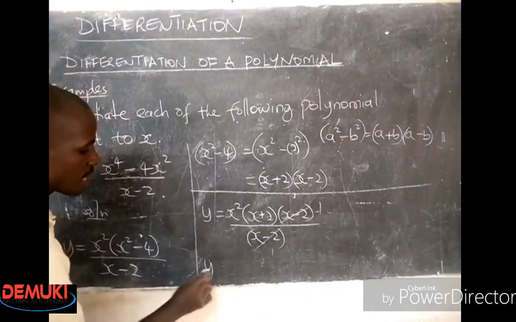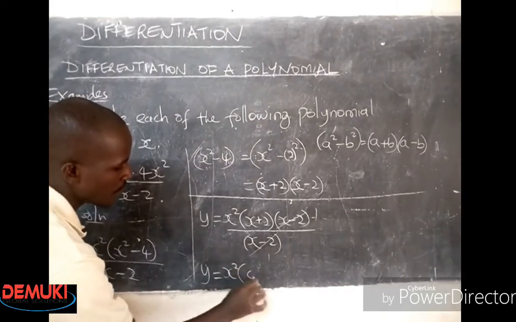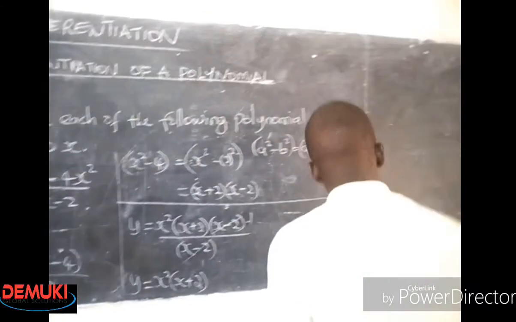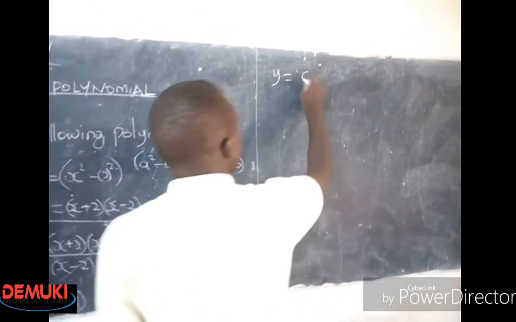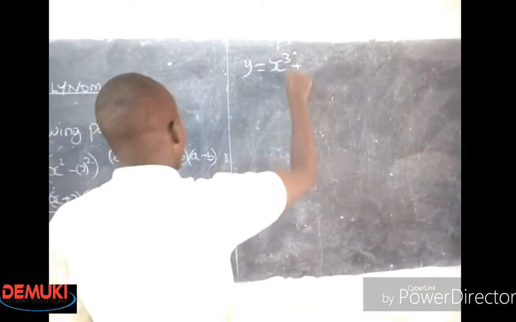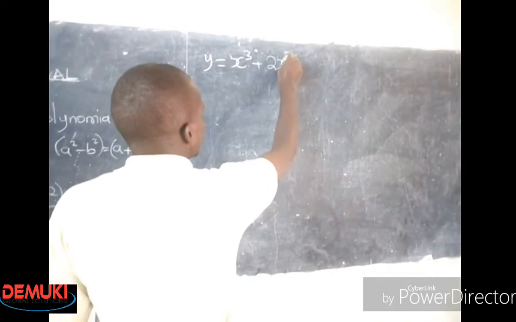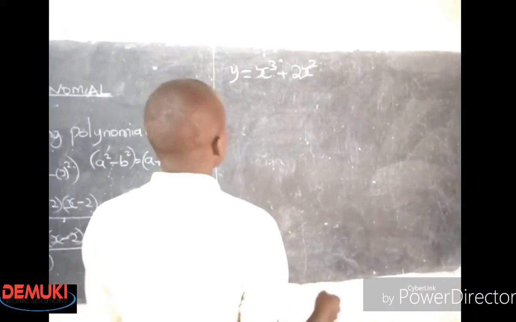And so what do I remain with? I remain with y equals x squared into x plus 2. And if you simplify that, y equals x cubed plus 2x squared.